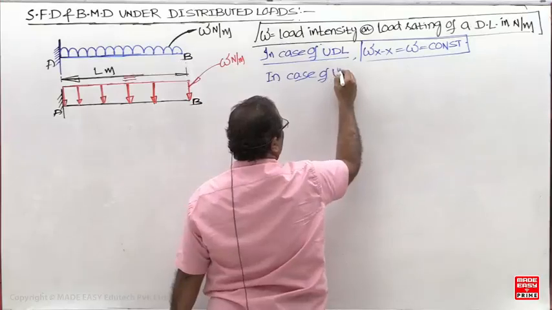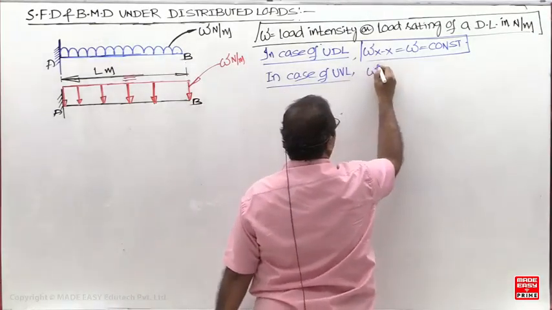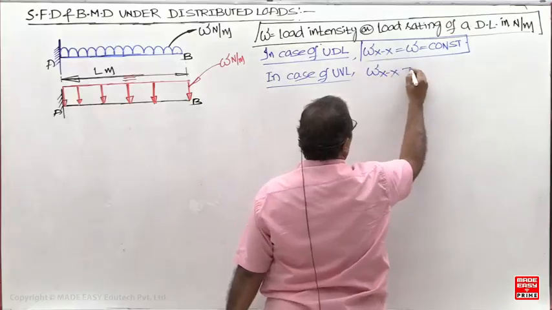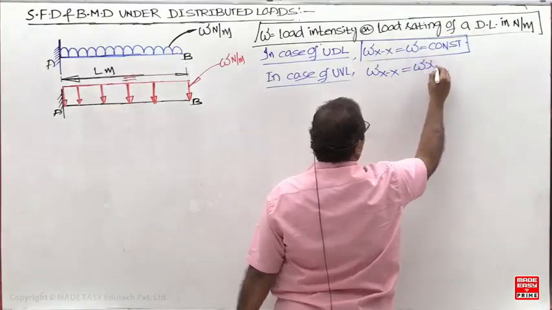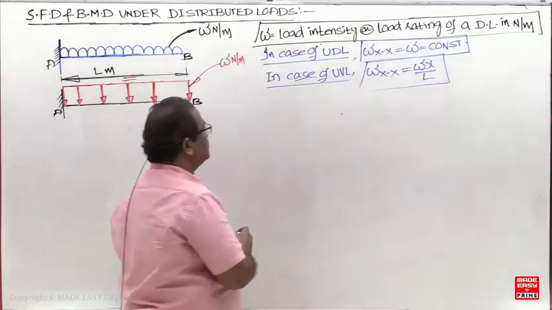Triangle, what now? Height will vary linearly. So intensity will be what now? Wx by L. So UVLs are represented by a triangle, UDLs are represented by a rectangle.